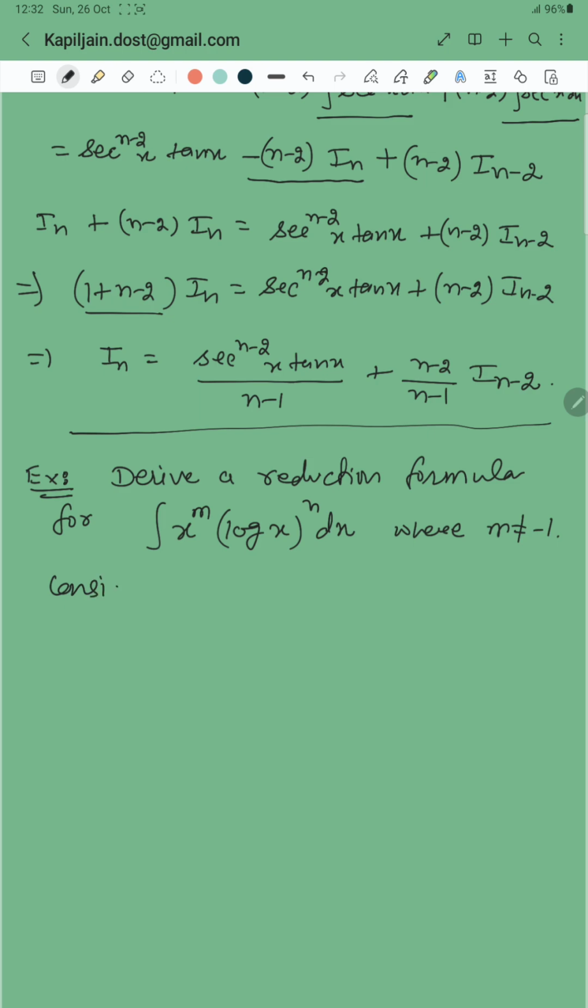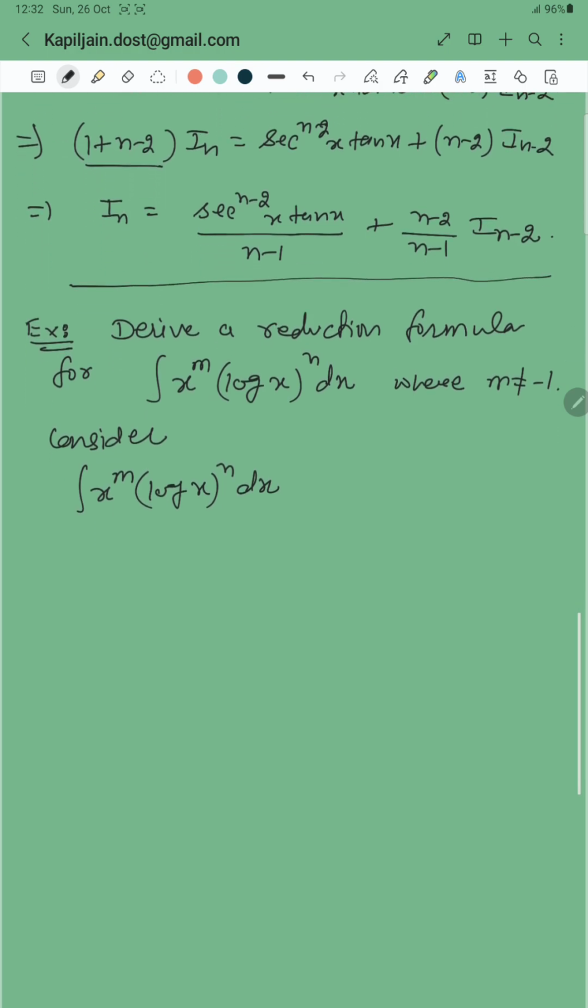Consider the integral x raised to power m (log x) raised to power n dx. Now we solve this integral by integration by parts, in which we consider this function as the first function and this function as the second function.